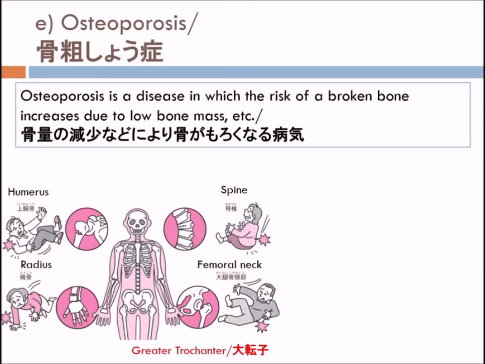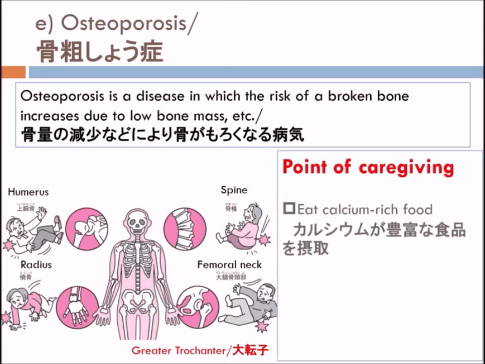Symptoms are having a stoop back, growing shorter, having lower back pain, etc. The affected person is vulnerable to bone fracture when falling because the bones have become fragile. Bone fractures often found in elderly people are of the humerus, radius, spine, femoral neck, or greater trochanter.